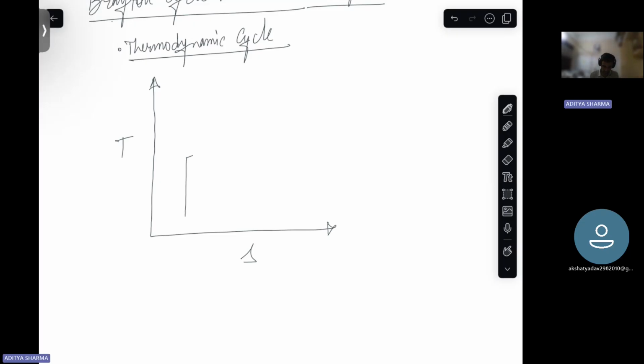Based on your TS diagram, you can do the whole discussion. So TS diagrams are very important when we need to understand gas turbine cycle.